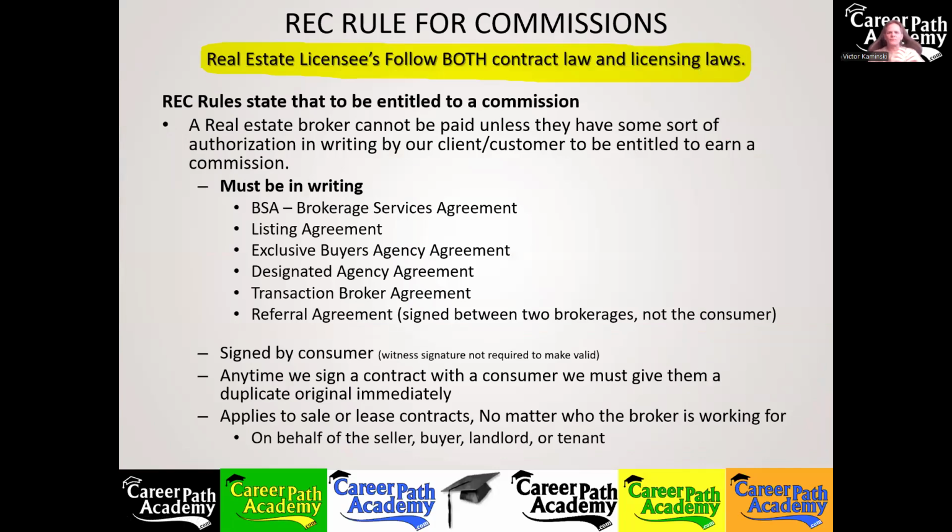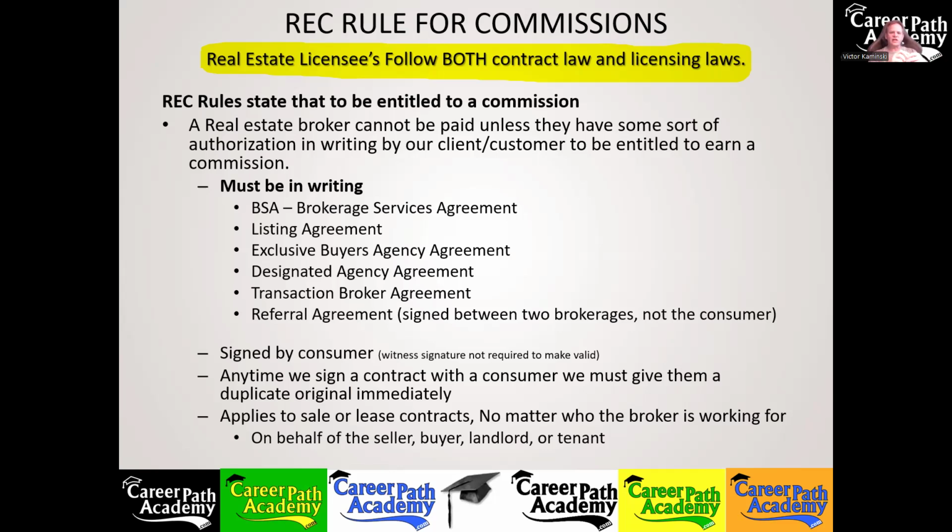So the REC rule for commissions. Real estate licensees follow both contract law as well as real estate licensing law. And the REC rules state that to be entitled to a commission, a real estate broker cannot be paid unless they have some sort of authorization in writing by a client or customer.